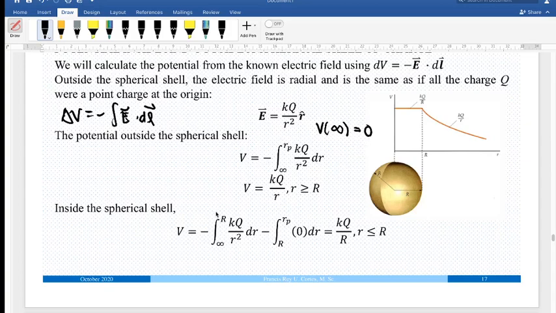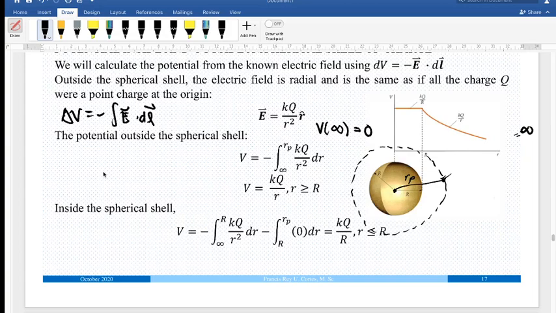For outside the spherical shell, we have to find the potential, say from infinity to this point, at point r_P with respect to the center of the sphere. So we will calculate the potential here with respect to infinity, which means finding the potential difference between these two points.